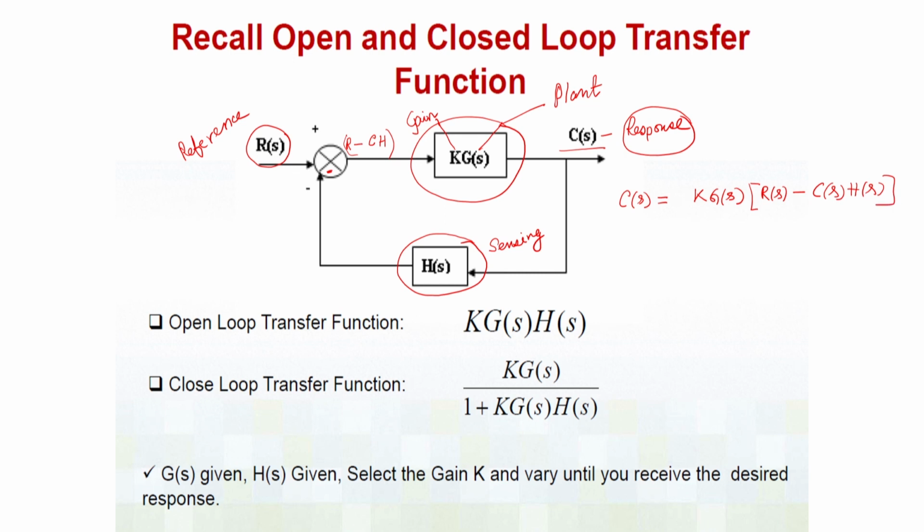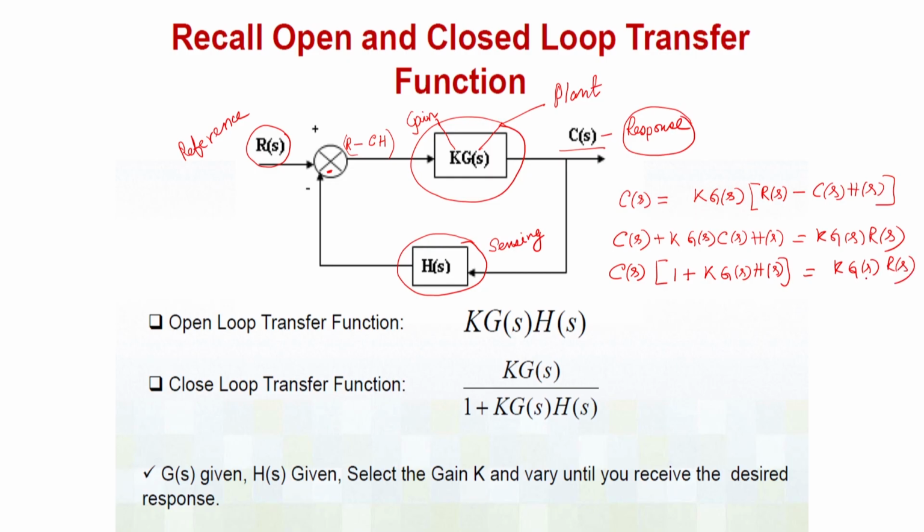So, now I can bring all the C(s) to one side. Let us try to do that. That is C(s) plus K G(s) C(s) H(s) equals K G(s) R(s), and then I can take this C(s) common, so that it will become 1 plus K G(s) H(s), and that equals K G(s) R(s).